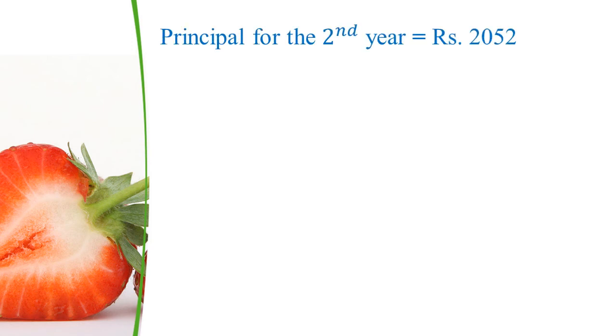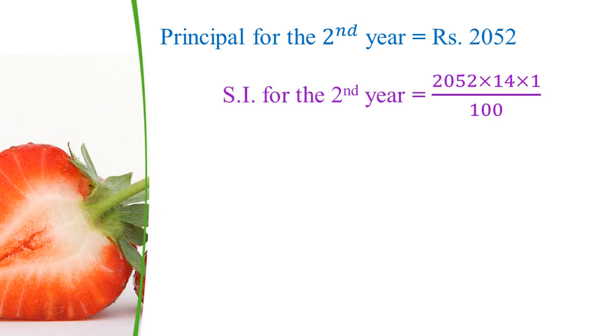So principal for the second year is rupees 2,052. Let's find the simple interest for the second year. Here, the principal amount is rupees 2,052 multiplied by rate of interest is 14% multiplied by time period is 1 year by 100.